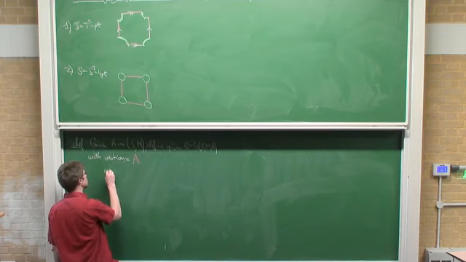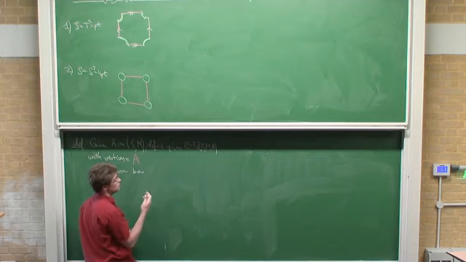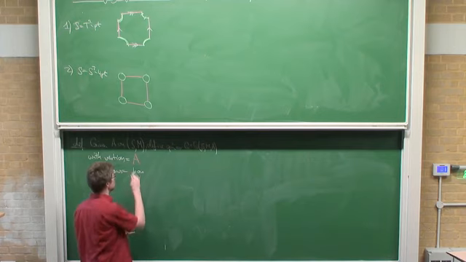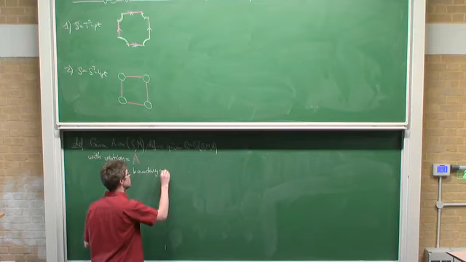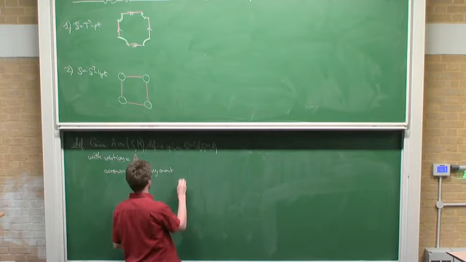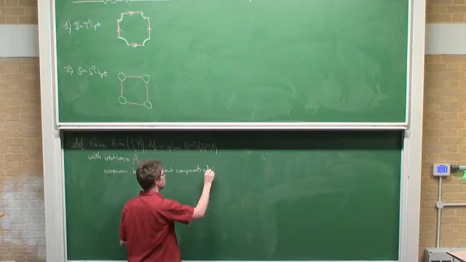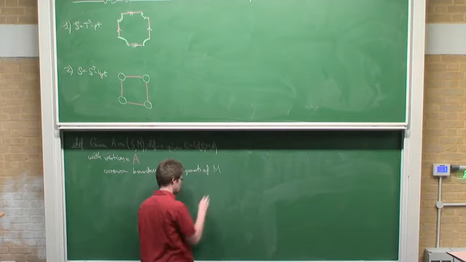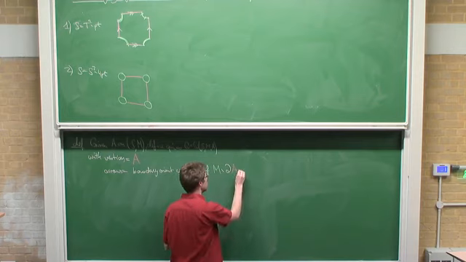And then with arrows defined as follows. Those are boundary-oriented components of the marking minus the endpoints of A. Okay, so there's an illustration for this.